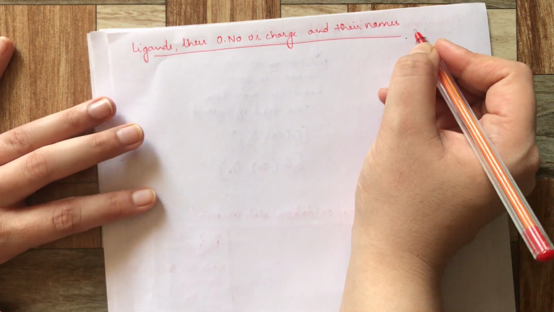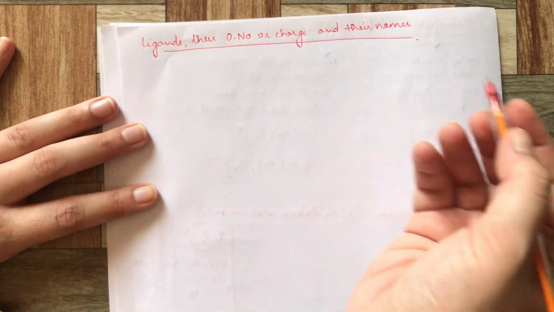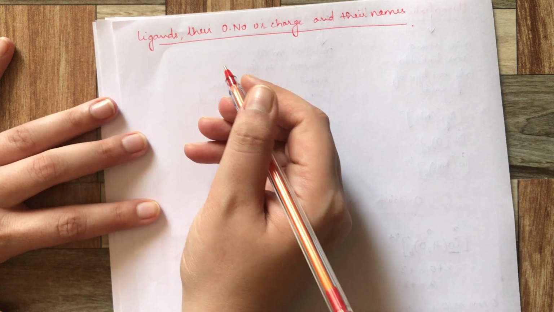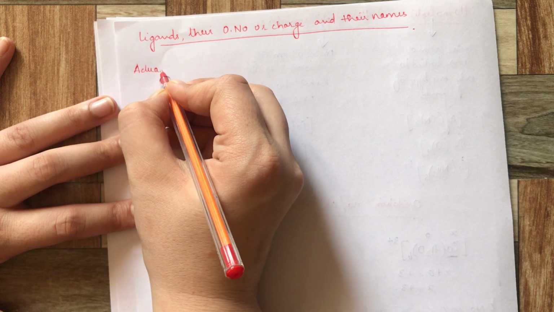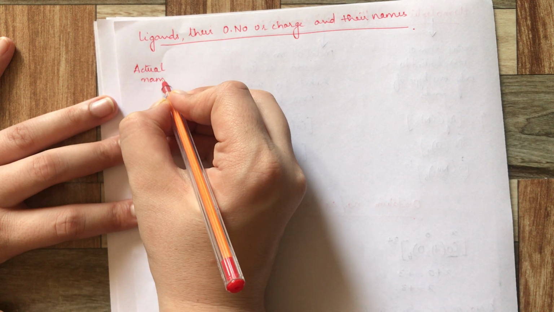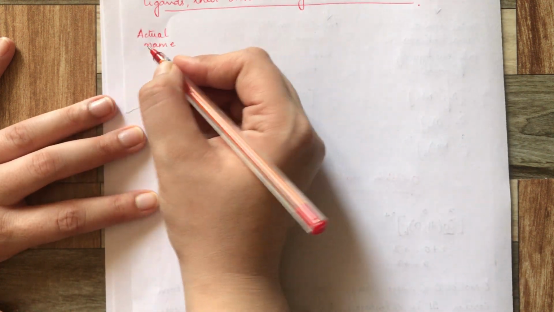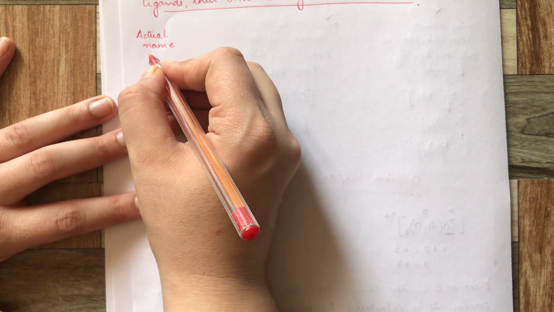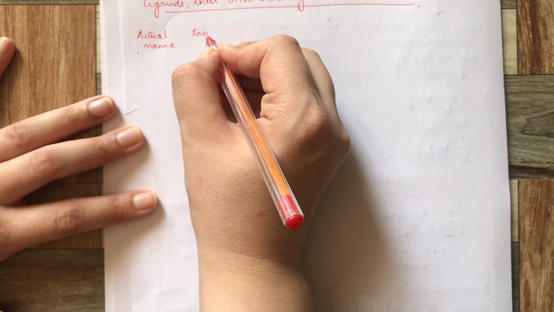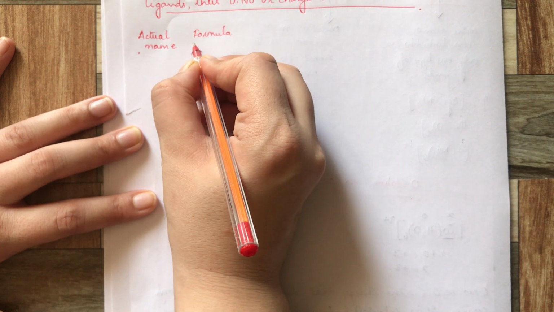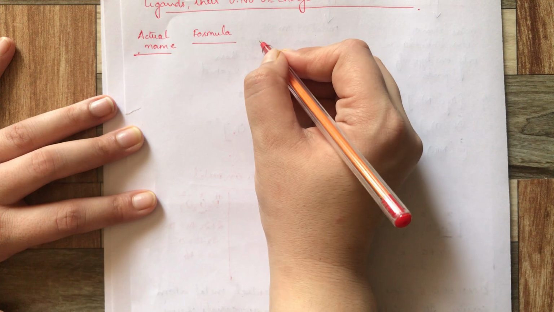So we divide ligands based upon their charge. Firstly, in our columns we will have the actual name of the ligand, or the symbol used, their formula, how they are chemically represented.